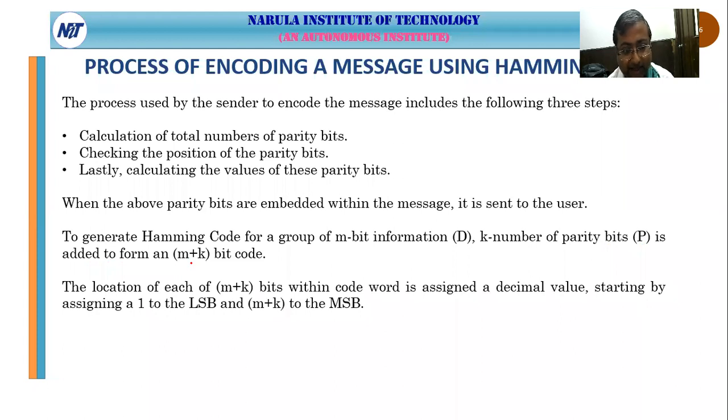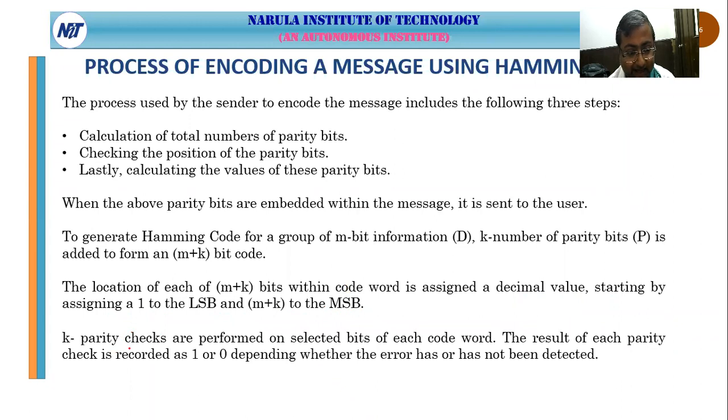The location of each of the m plus k bits within the code word is assigned a decimal value, starting by assigning 1 to the LSB and m plus k to the MSB. I already wrote it. This is P1, this is P2, then D1, then P4. Okay, so this is the LSB. So the LSB is 1 and the MSB is m plus k of the code word.